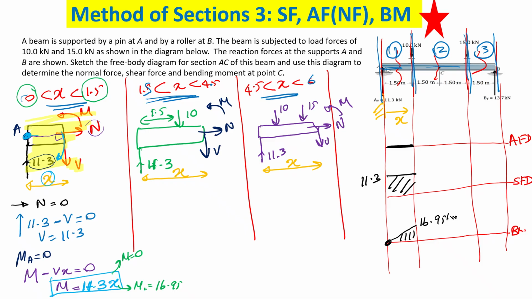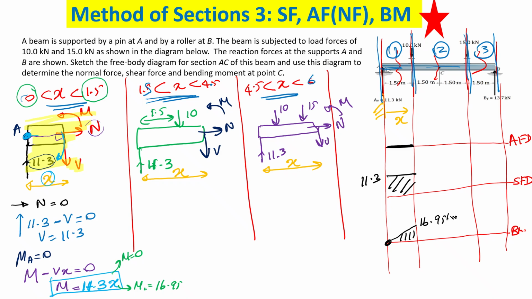Is that hard? No. Can you find me the second one, please? Find the N, V, and M for the second section. Positive or negative depends on what direction you consider. You consider upward positive, right? Normally, if you consider upward positive, 10 is down. So N is 0, obviously.